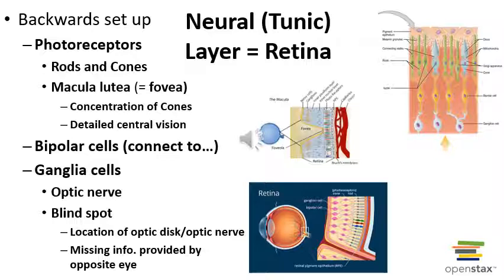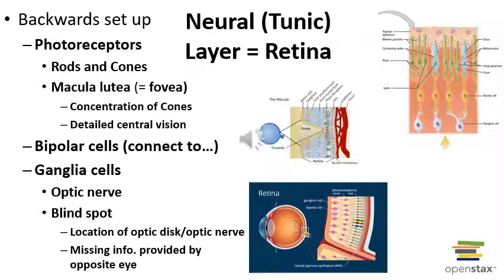So you would take a look at the small illustration at the top right, and you'll see the little yellow arrow indicating the direction of light passing through a series of cells and more cells and finally getting to those photoreceptors. So hence the bullet point that says backwards setup. The photoreceptors are found on the back side of the retina, not on the front. And the photoreceptors are going to consist of two different types, rods and cones. We'll talk more about them in a little bit.